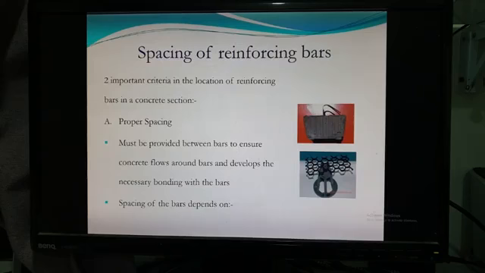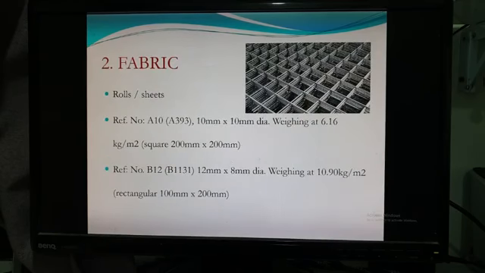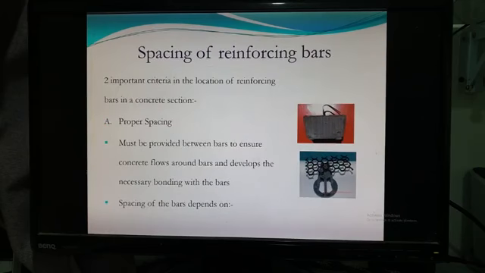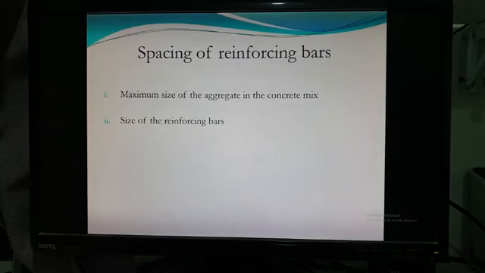So as we know, the reinforcement bars have to be placed inside the concrete. When we place the reinforcement bars in position, we must space them from the surface of the formwork. In order to do that, we can use a number of methods.